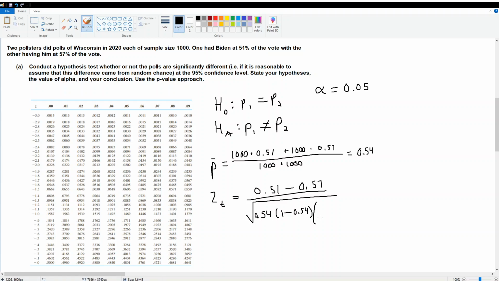And then finally, this is multiplied by the sum of the reciprocals of our sample sizes. And this, if we round it to 3 decimal places, is going to be about negative 2.692.